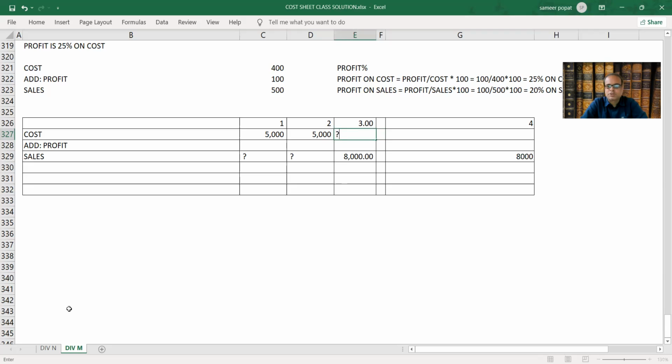We need to find cost. So here sales is missing. Here cost is missing. Suppose profit is 25% on cost, 25% on sales.